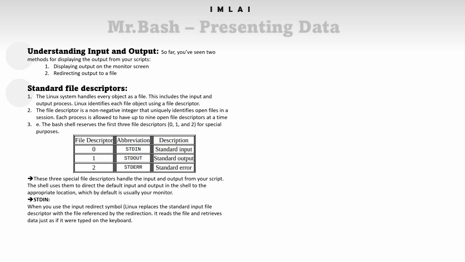If it is a computer, we'll have a separate keyboard which can be connected through USB, or you can also have a wireless keyboard. So that is our standard input. The shell receives input from the keyboard on the stdin file descriptor and processes each character as you type it.